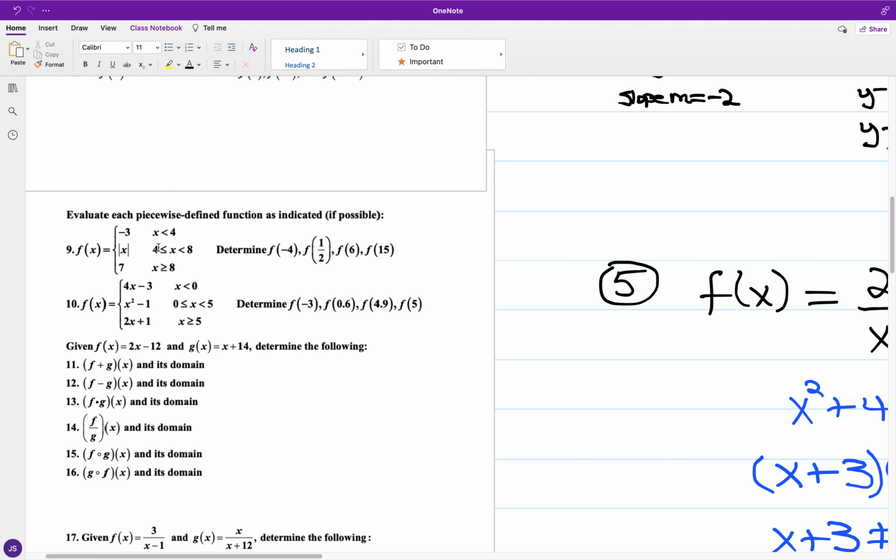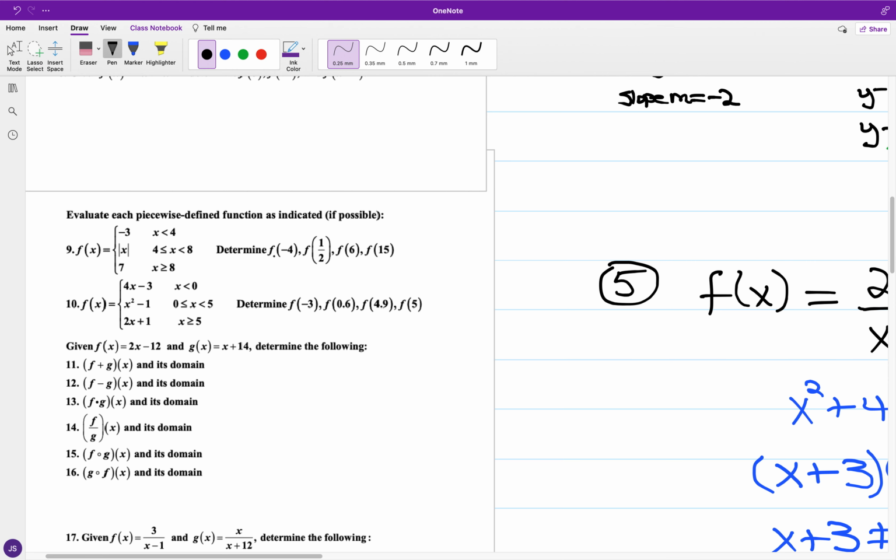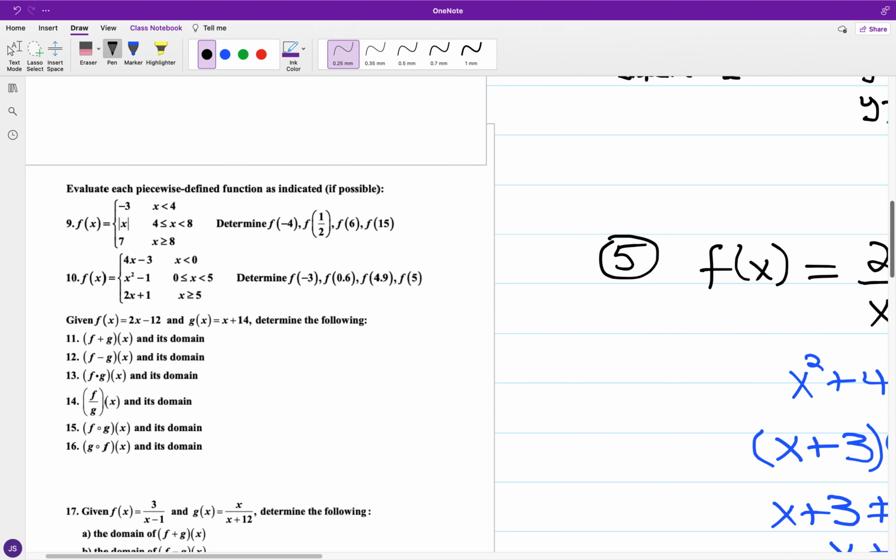We have f of x equal to 3 if x is less than 4, and f of x is equal to the absolute value of x if 4 is less than or equal to x, which in turn is less than 8. And then f of x is equal to 7 for values of x that will be 8 or greater. So we're looking at determining the corresponding values of f of negative 4, f of 1/2, f of 6, as well as f of 15.